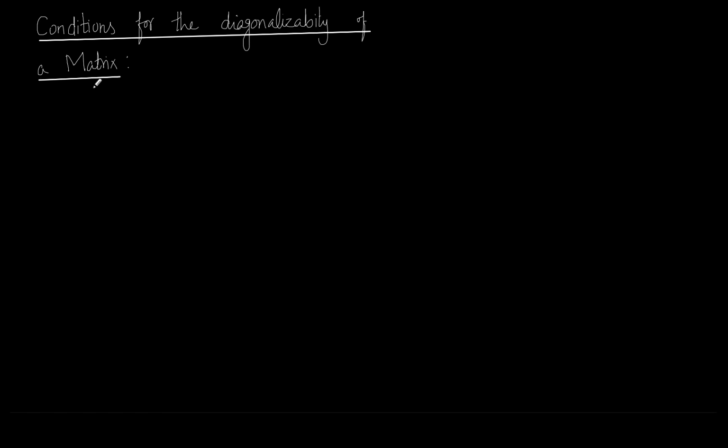Now we will discuss the conditions for a matrix to be diagonalizable. These conditions are equivalent, which means you can derive one condition from the other.